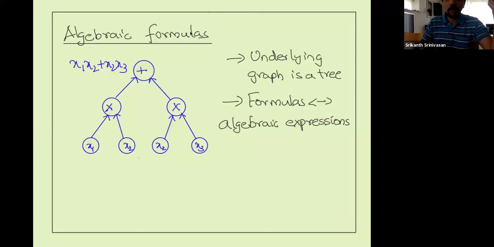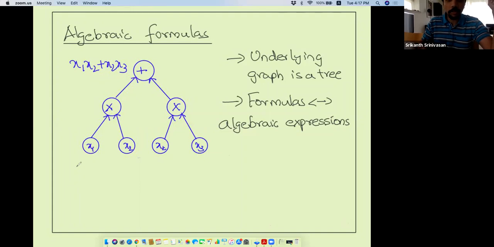For instance, if you write down a polynomial, maybe x1 plus x5 times x3 plus x4 plus, I don't know, x7 times x9 plus x1, you should convince yourself that you can rewrite this as an algebraic formula, right?